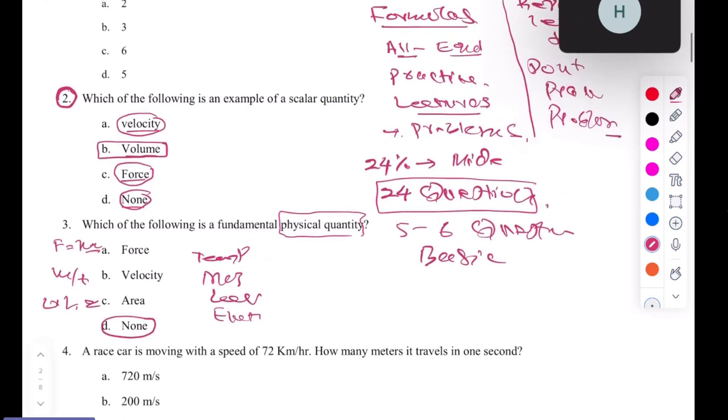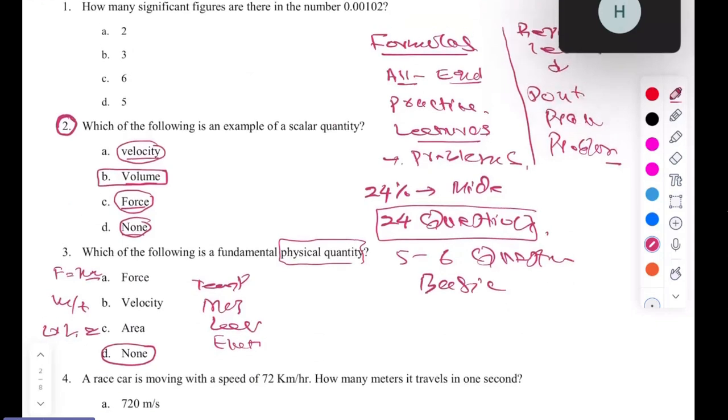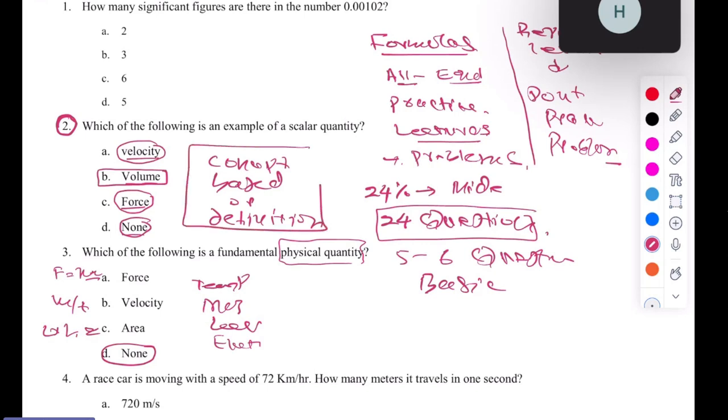In these kinds of questions you don't require any calculation. So figure out these questions that are concept based or definition based, and we will see how many types of questions there were. If you see this question, for example, how many significant figures are there in this number?